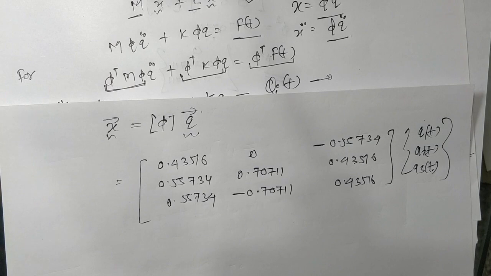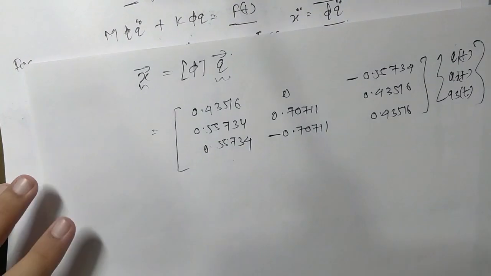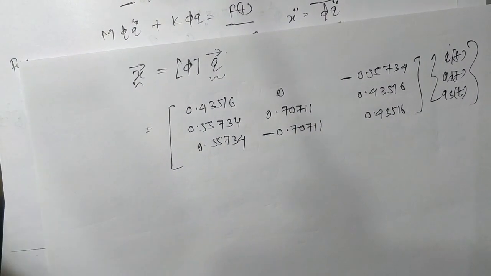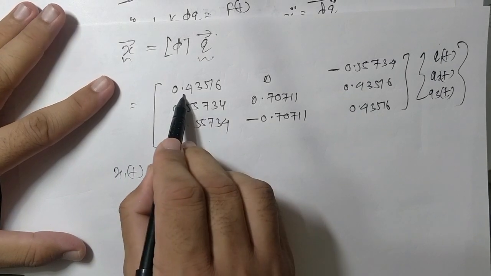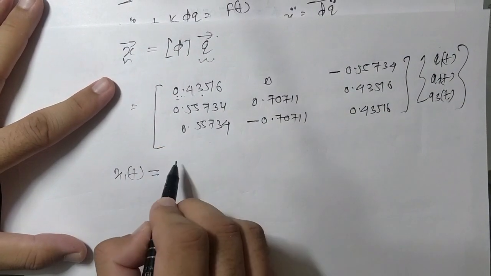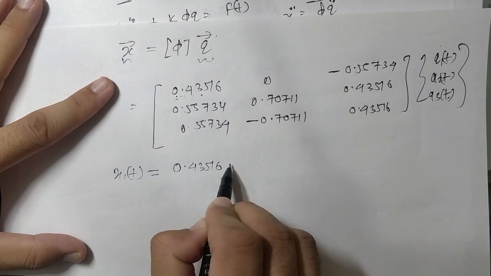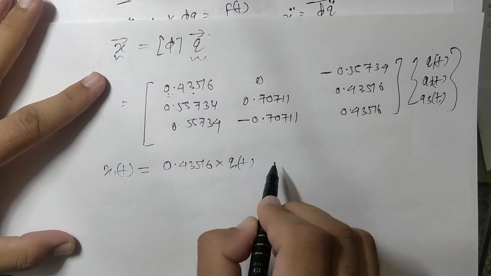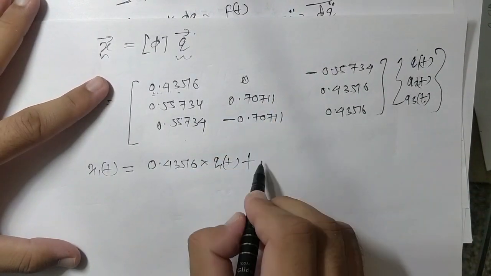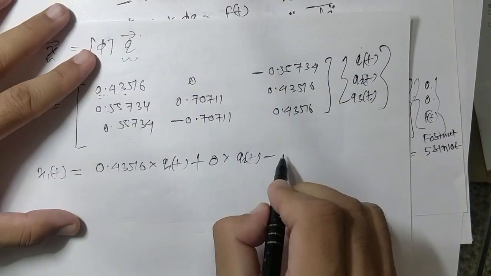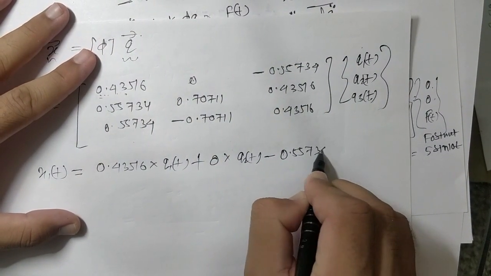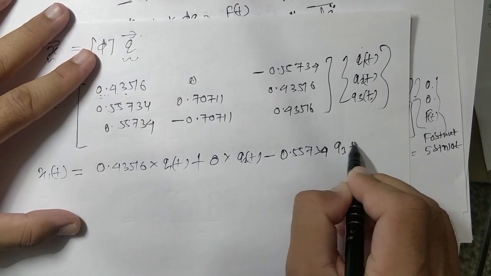For this, if we want to find out x1(t), x1(t) is 0.43516 multiplied by q1(t), plus 0.0 multiplied by q2(t), minus 0.5574 times q3(t).